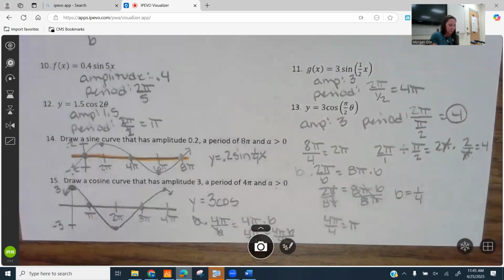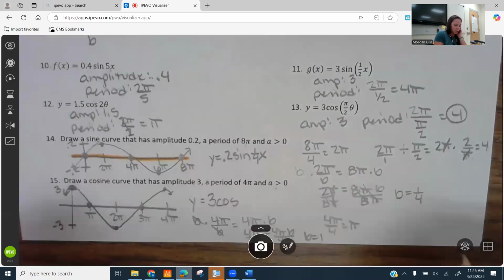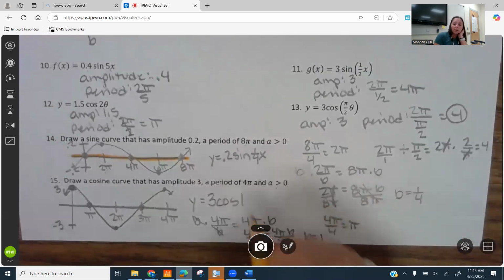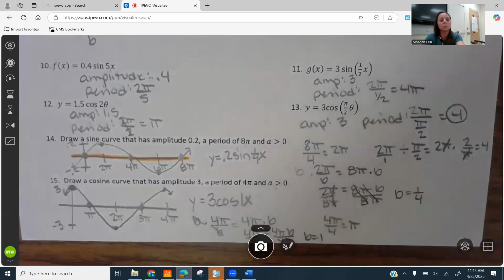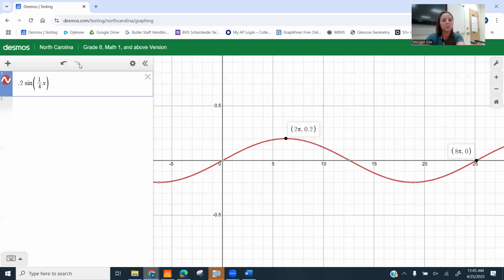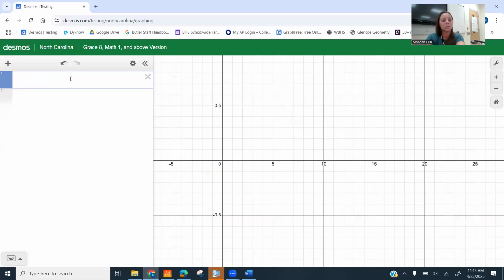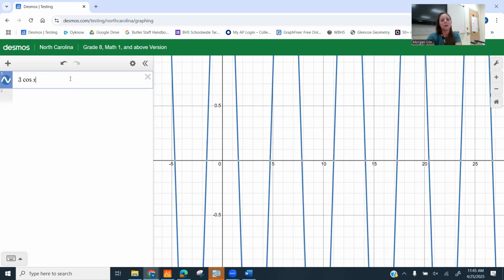What's 4 pi divided by 4 pi? It's 1. So our B is 1. You don't have to put the 1, but you can, and then put x. So this is really just 3 cosine x. So here we go. 3 cosine of x.